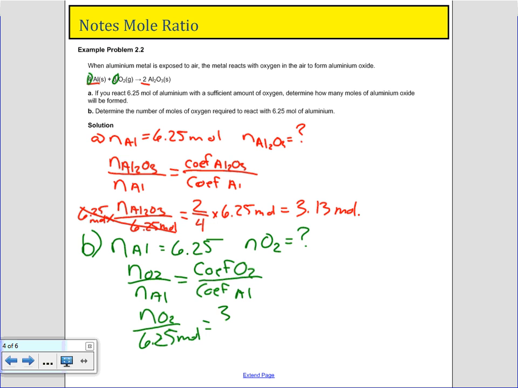I need to times by 6.25 moles in order to isolate the number of moles of oxygen that I'm looking for, and I should get an answer of 4.69 moles. In fact, the reaction will require 4.69 moles of oxygen.